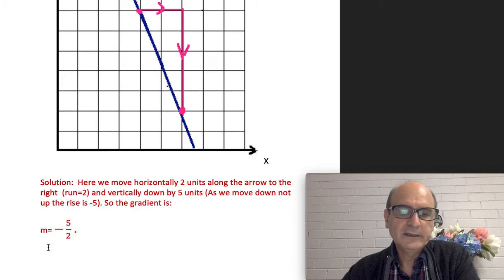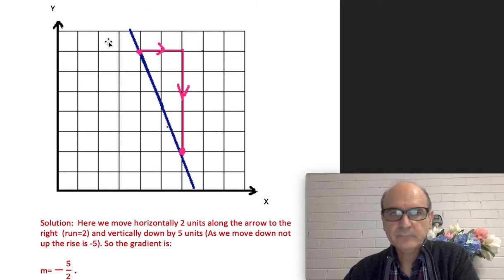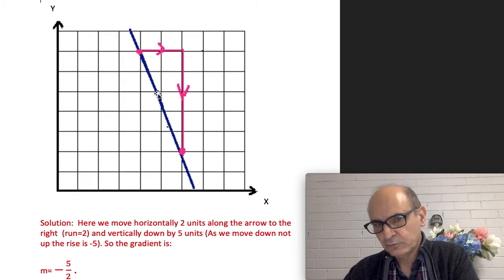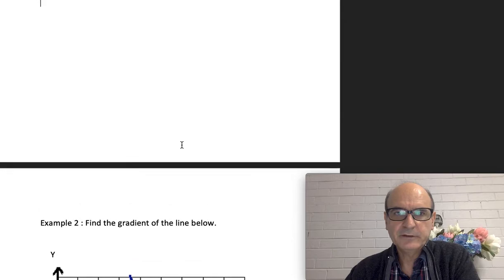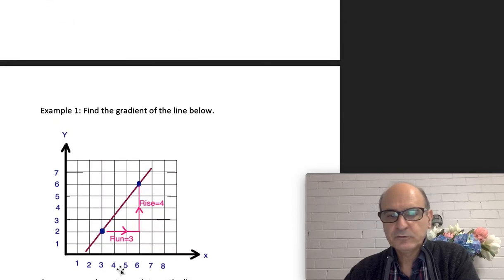So your gradient becomes a negative number. In other words, if your line falls as you go to the right, you're going to have a negative gradient. But if you look at the previous one, it was going up as we were going to the right.